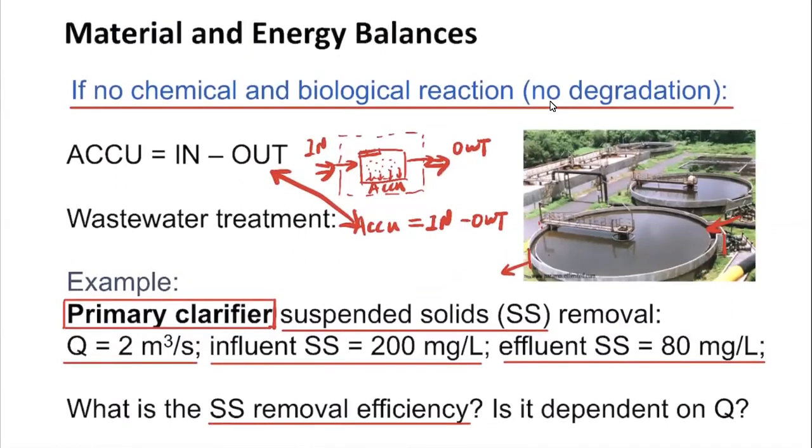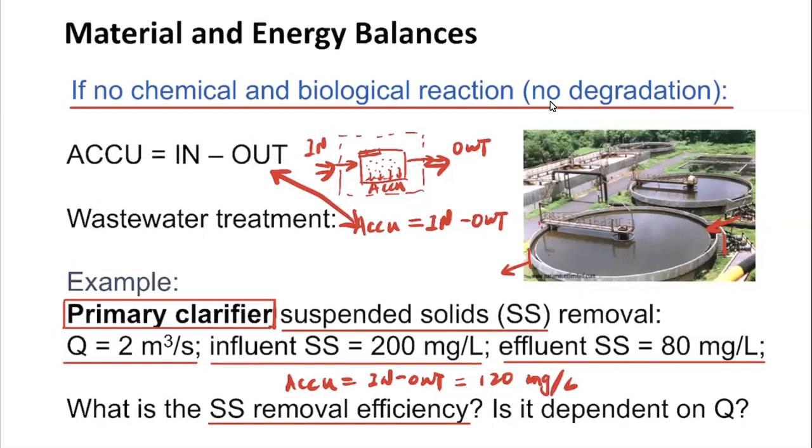Based on these conditions, the accumulation is just in minus out, which is equal to 120 milligrams per liter.